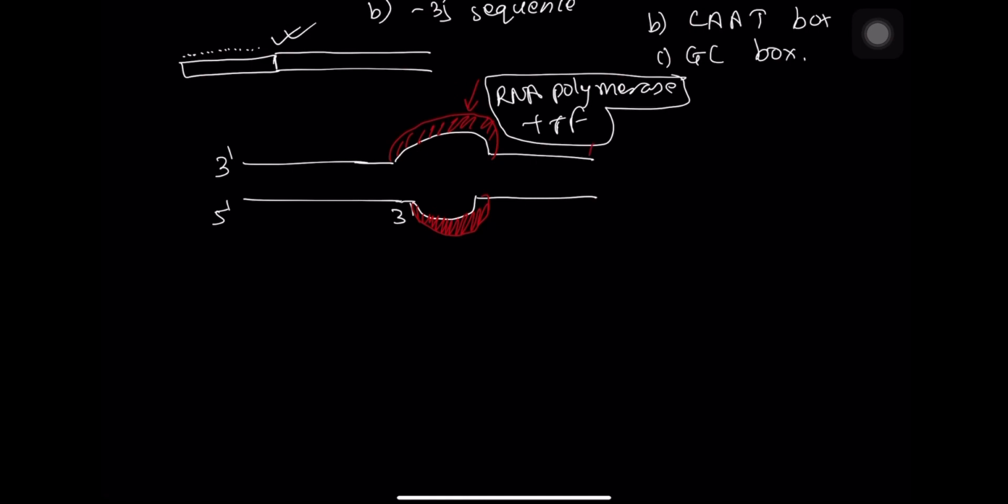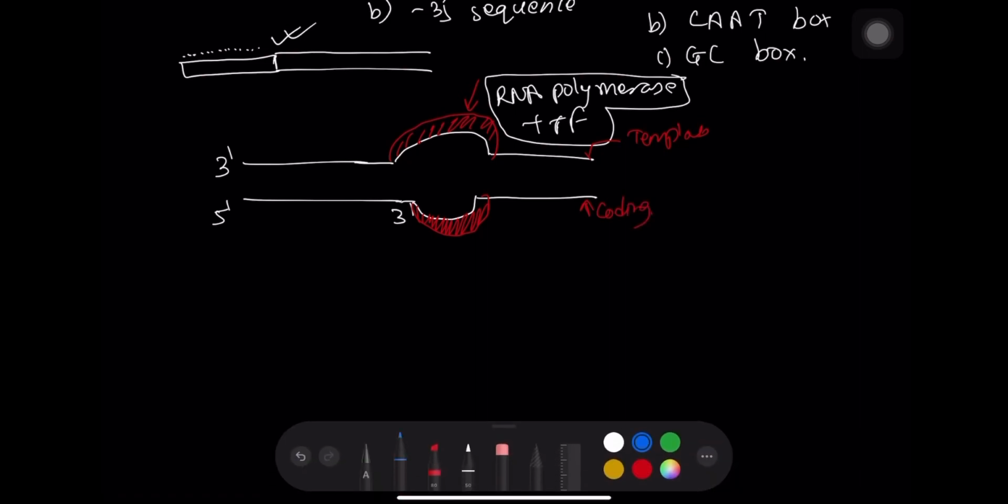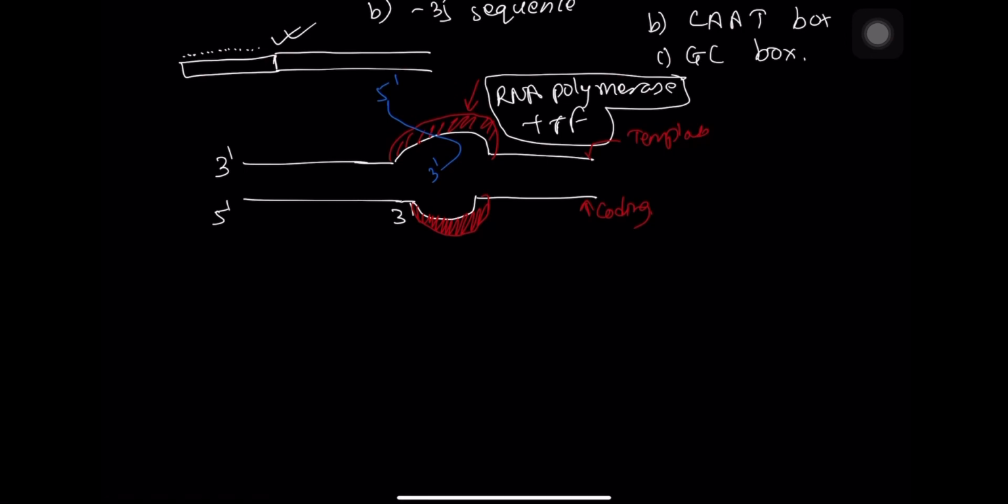So this is the template strand and this was our coding strand. RNA is going to form in the 5' to 3' direction. So here the process of elongation starts. So this is how our RNA is going to elongate till termination.